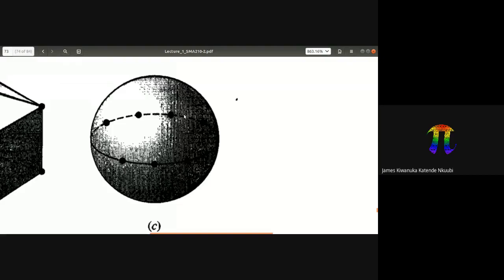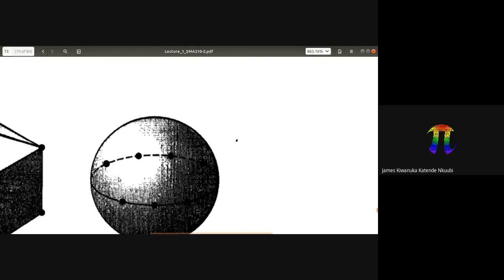There's 1, 2, 3, 4, 5, 6. I think there's a 7th one which is not clear from the diagram. There should be a 7th vertex here. So it has 2 faces. How many edges will it have?